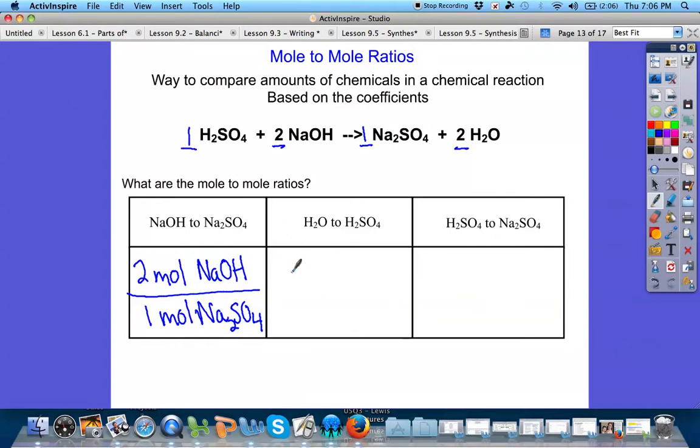For water, we have 2 moles of water, and we have 1 mole of sulfuric acid. And then we're still looking at this same equation, and we just said that we have 1 mole of sulfuric acid.